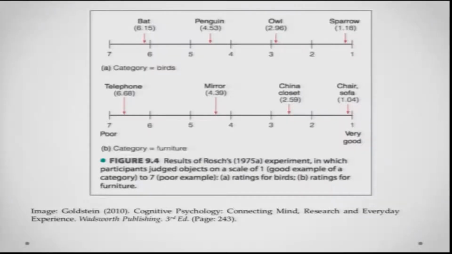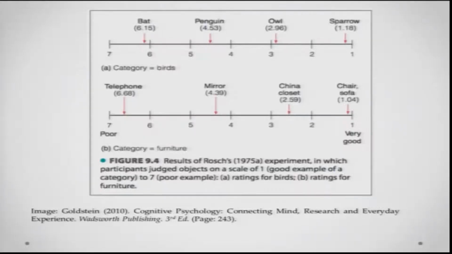So, this is how the participants in Roche's 1975 experiment performed, and this is how you can see that participants do have a consciousness of which are high prototypical members of a particular category and which are low prototypical members of the category. And this might in some ways govern your behavior towards looking at these different members, also looking at these entire categories.